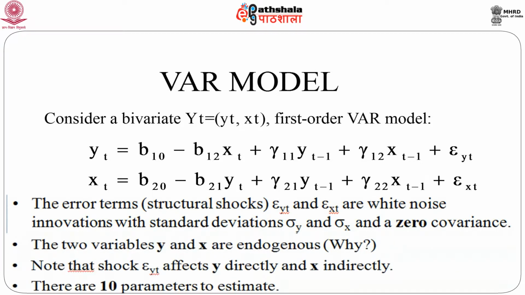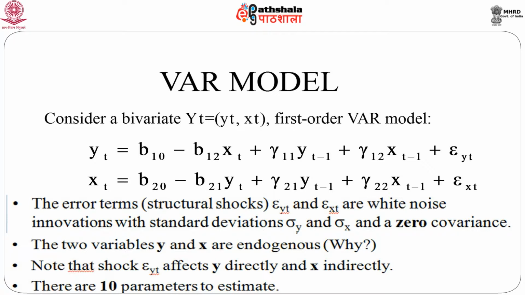Now, both variables yt and xt are endogenous. Why? You can see that yt is dependent on the current value of xt as well as the past values of xt. If there is an innovation in epsilon yt, that is the error term of the yt variable, then it will directly affect the current value of yt.